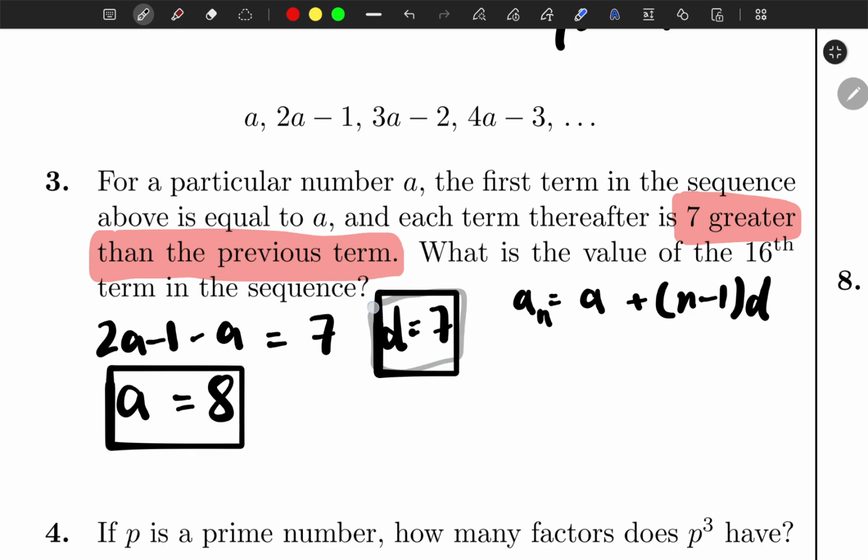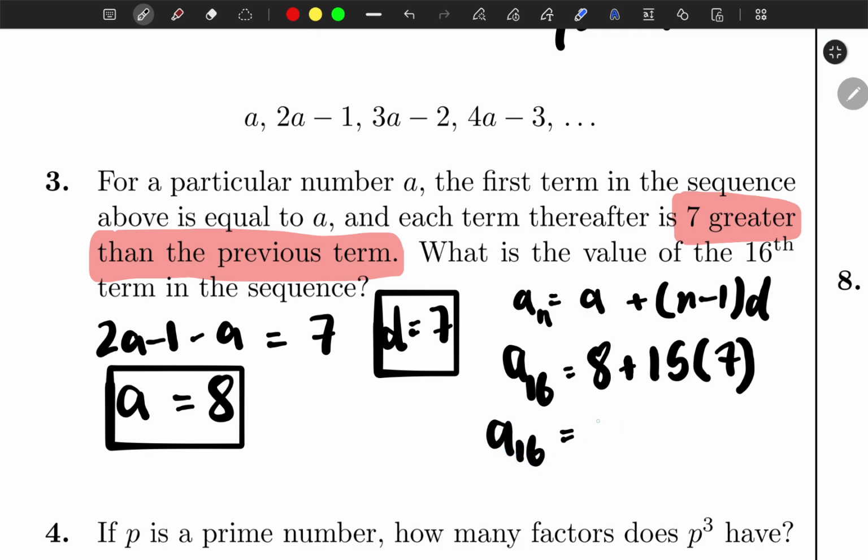Now that we have both of these values, all we have to do is substitute it in for a of 16, which is the 16th term, and what we're going to be getting is 15 times 7. That should give our a of 16 term to be 113.